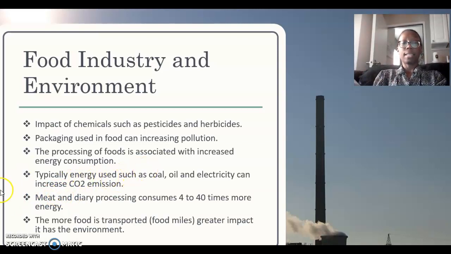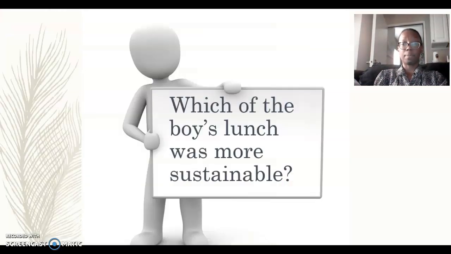And then we look at the type of food. Whether it is meat or dairy being produced consumes 4 to 40 times more energy. And then there's how far food is transported, so where is our food coming from? Whether our food is coming from our backyard or from all across the world, it has a greater impact if we're importing it rather than growing it locally.